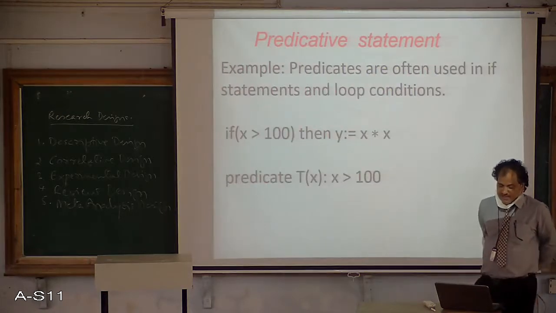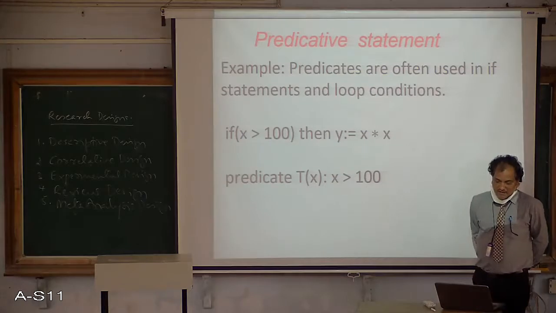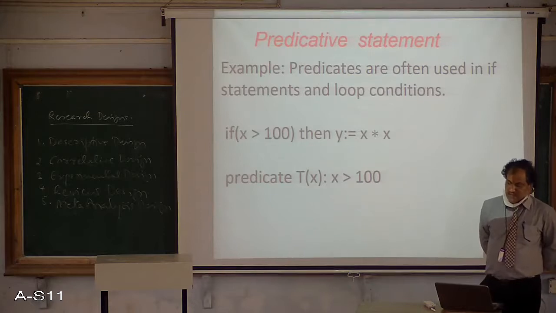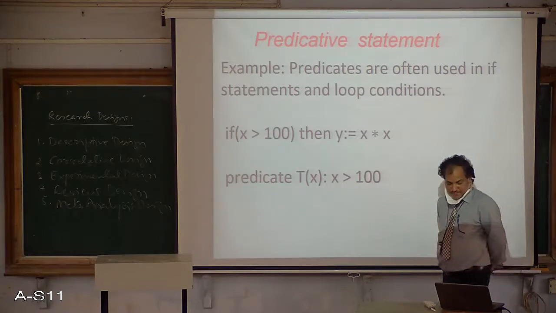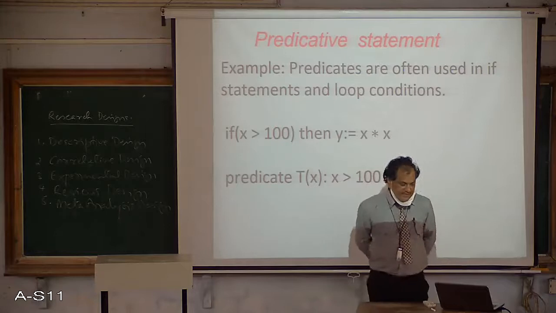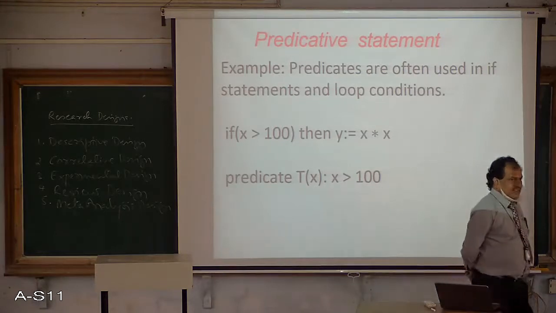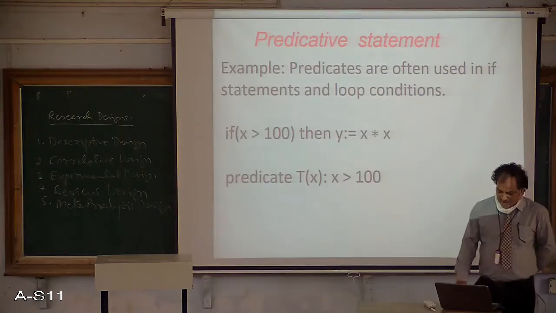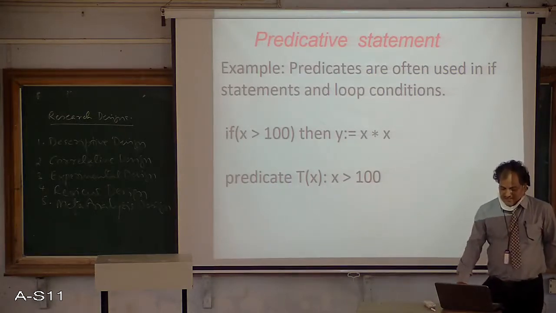As I said, predicates are also often used in statements and loop conditions. Suppose if x is greater than 100, then y is equal to x square. Here the predicate P of x is nothing but that condition, x greater than 100. Do this if at all x is greater than 100. That is the predicate statement.